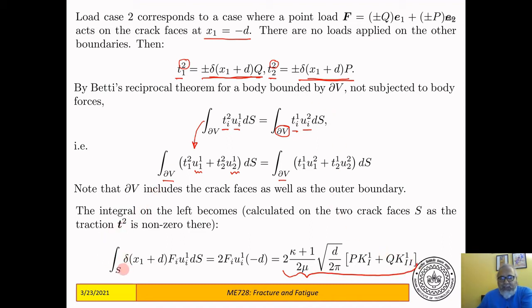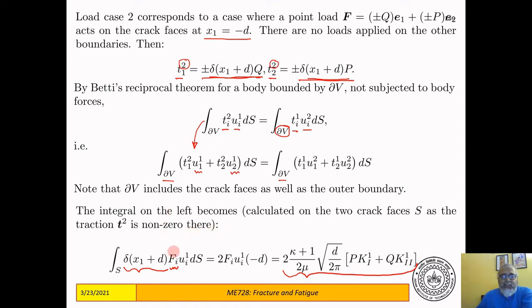given the fact that when you multiply delta x1 plus d with Fi being either q or p. F1 is q, F2 is p, or F1 is minus q and F2 is minus p.